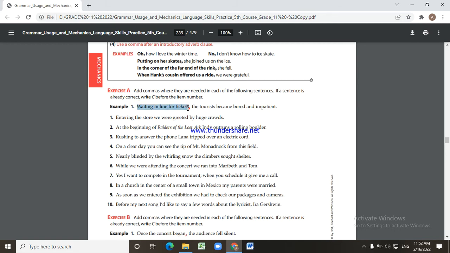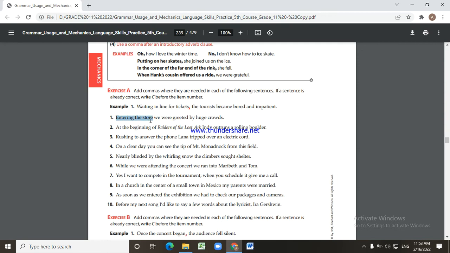Waiting in line for tickets, the tourists became bored and impatient. Here we have a participial phrase which is followed by a comma and then the rest of the sentence. Right? Okay, number one. Read number one and add a comma.